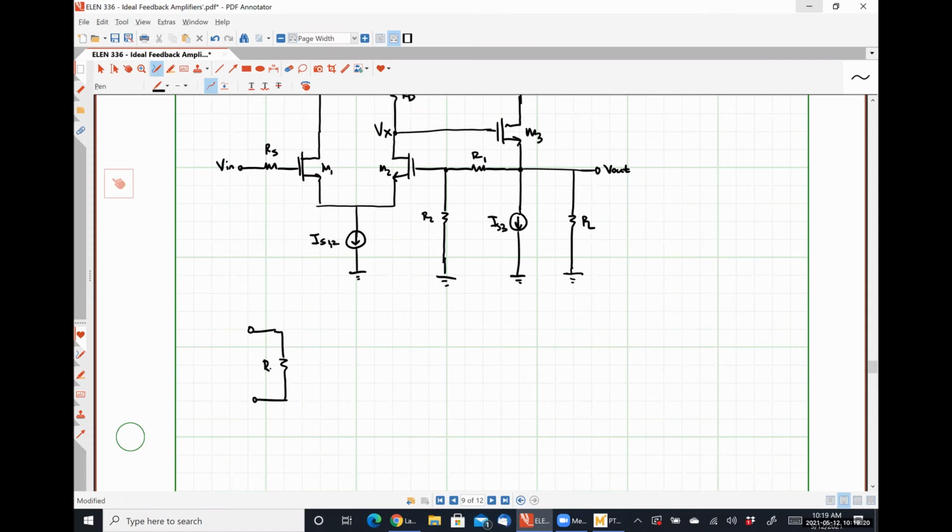So here is R2. Here's R1. This is port 2. This is port 1. So our input loading resistance R11, again, we see that by looking into port 1 while shorting port 2. So that's R1 in parallel with R2.